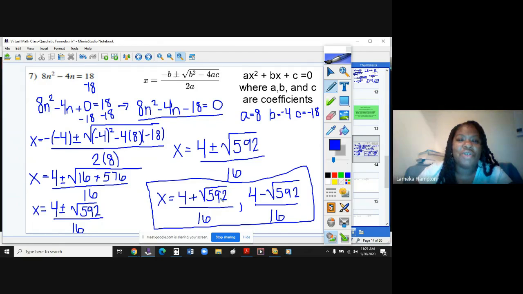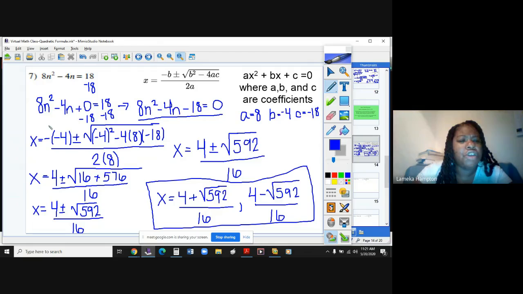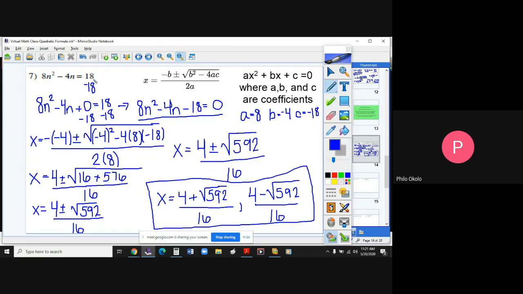Did you have another question, Miss Philomena? Yes, ma'am. In any question that is not equal to zero, that means we definitely have to bring it down to get it equal to zero before we use the quadratic formula. You mean for this particular problem, number 7?